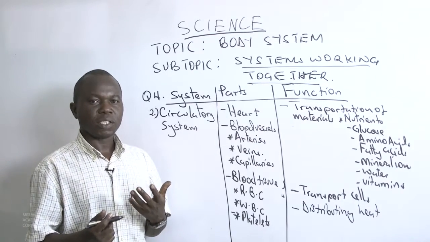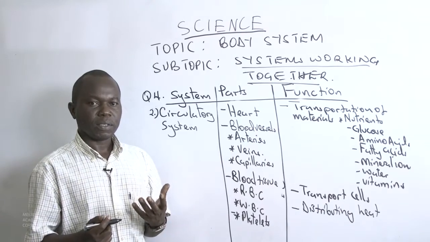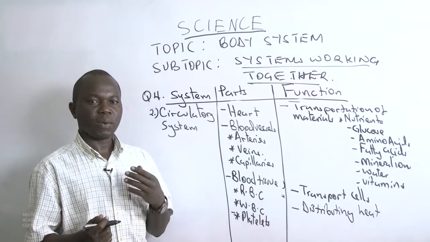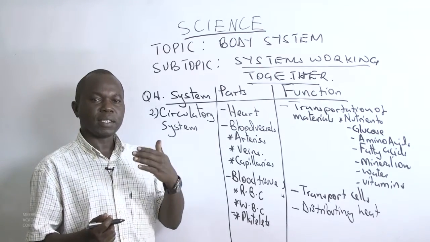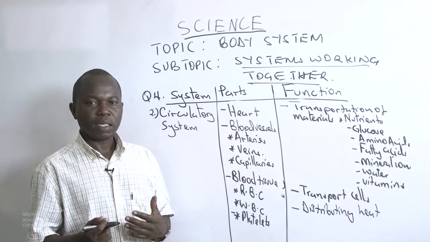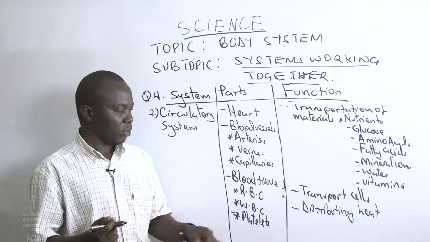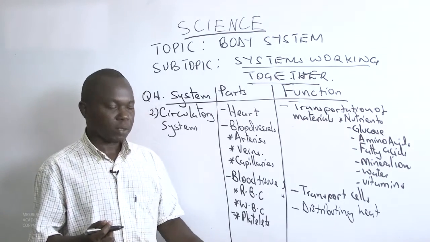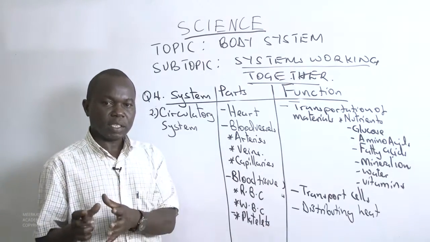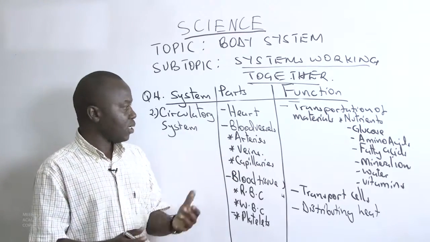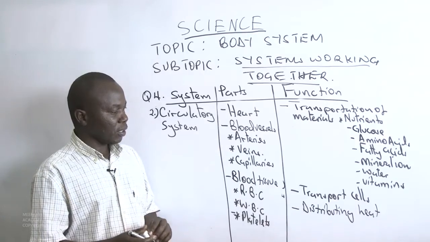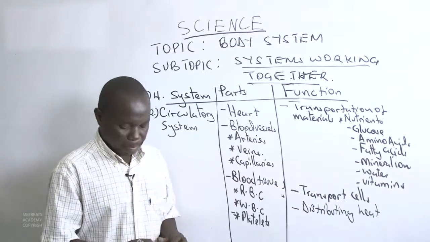Those reactions are called exothermic reactions. An exothermic reaction is one that releases heat. So the liver will increase exothermic reactions and decrease endothermic reactions. Increased exothermic reactions produce heat. That heat from the liver will be distributed to the rest of the body through the circulatory system.